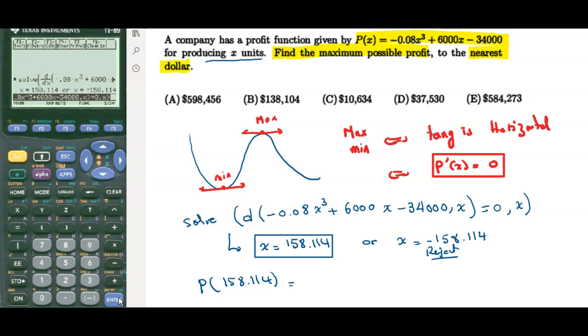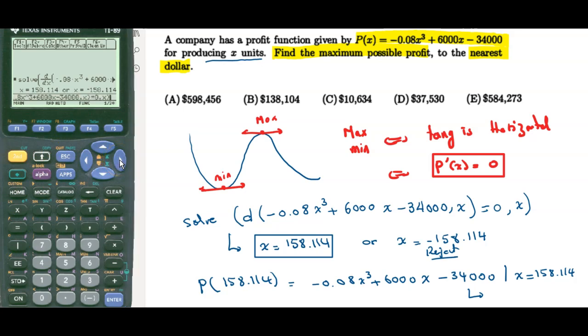The way to do this in the calculator is to type the equation 0.08x cubed plus 6000x minus 34,000, then use the bar, then type x equals 158.1.